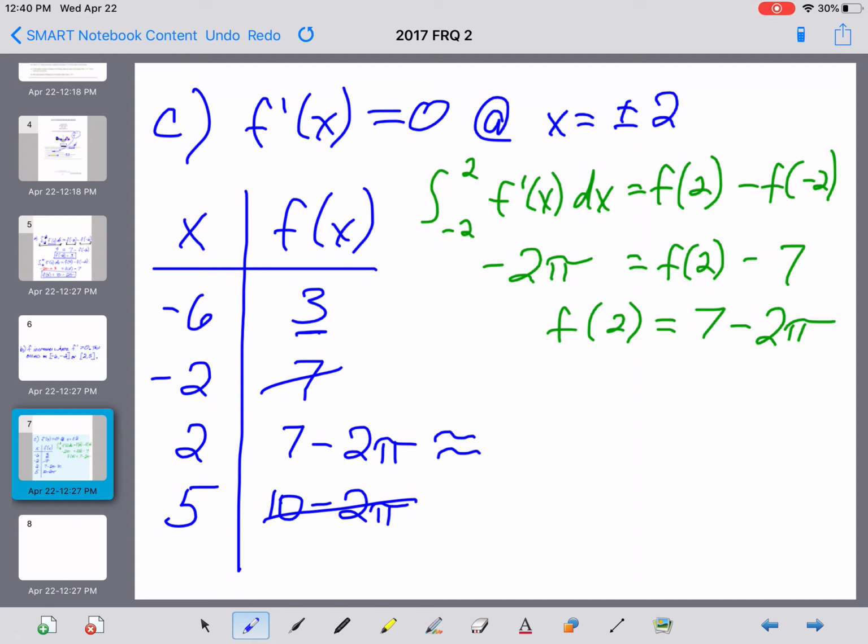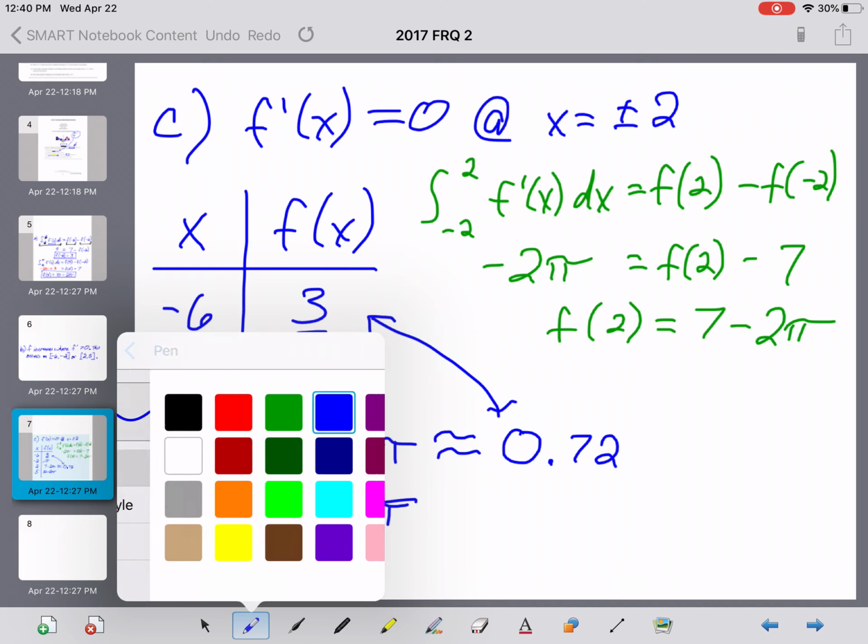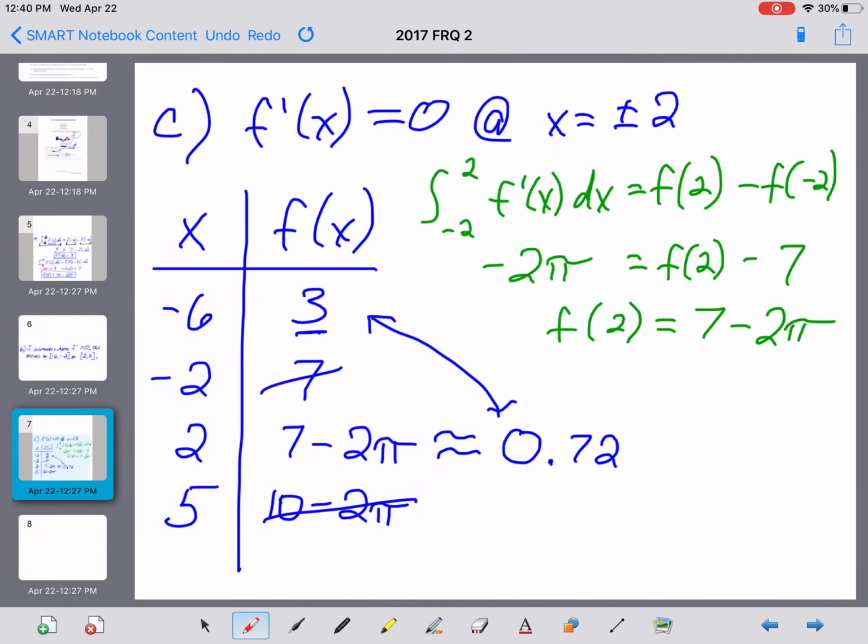We know that pi is a little bit more than 3, so 2 pi then is a little more than 6, or 6.28 actually, so a 7 minus a 6.28 would get us something in the neighborhood of 0.72, which I think we can say with some confidence is less than this 3 value right here above it. So in terms of the absolute minimum value, I think we found it right here at the 7 minus 2 pi.